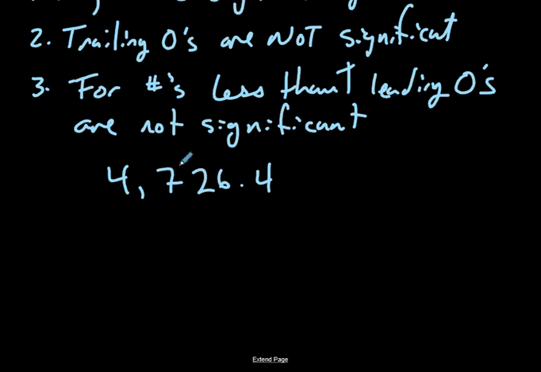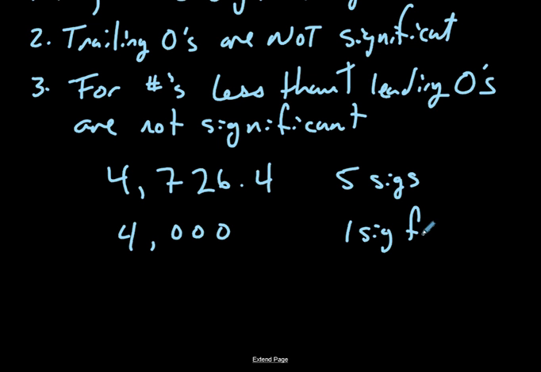Okay, so 1, 2, 3, 4, 5 sig figs there. That has 1 sig fig. This has 2 sig figs.